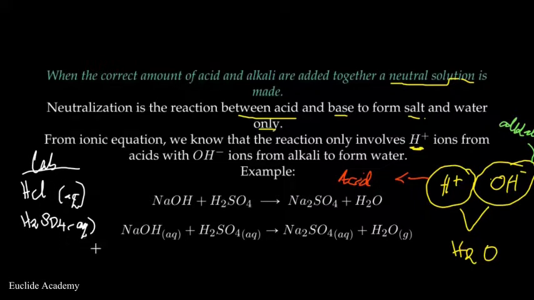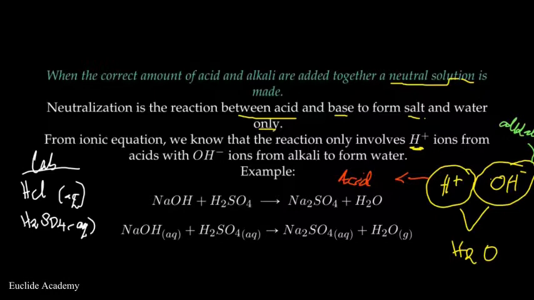Now these acids can react, according to the definition of neutralization, with an alkali to give us salt and water. The common alkalis we've got are sodium hydroxide, calcium hydroxide and aqueous ammonia.